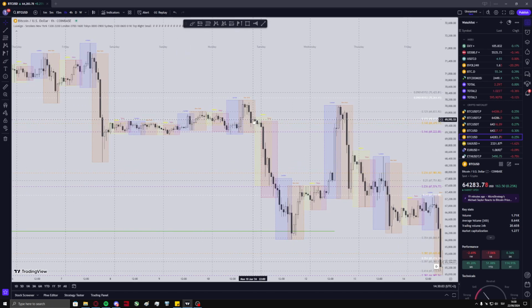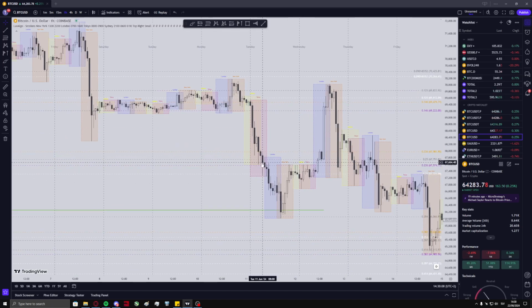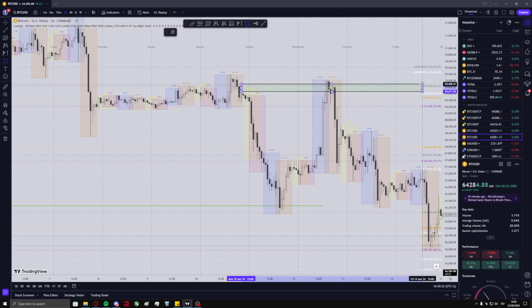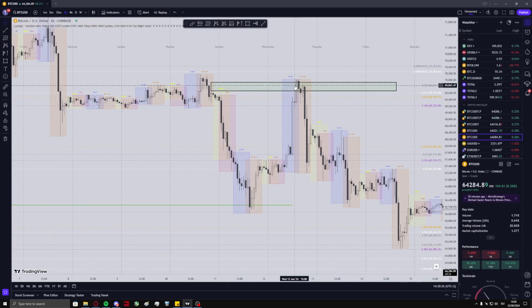You can see Asia dumped the market here, and what happened 2 days later is just funny. New York and London know that Asia dumped it here, right? So what they do is they sweep the stop losses of this Asia session and they dump it afterwards, right? So this pump was here purely to run Asia stop losses.